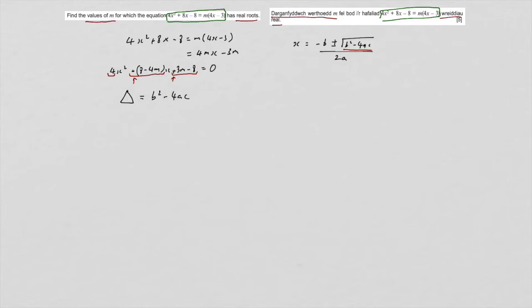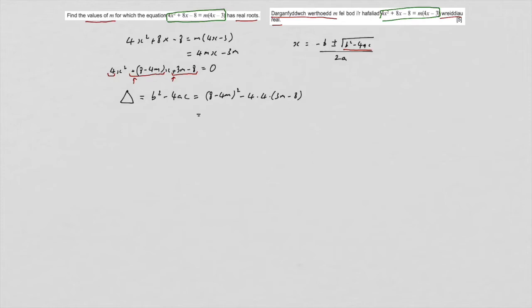Okay, so b squared minus 4ac is (8 minus 4m) squared minus 4 times a times c.